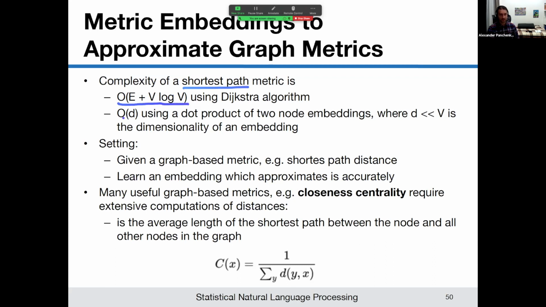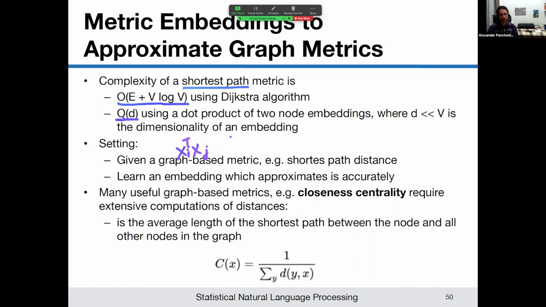On the other hand, if you have a vector embedding of dimension d, you can just perform a dot product of one embedding with another embedding, and this will be just a sum of the products of their respective components.